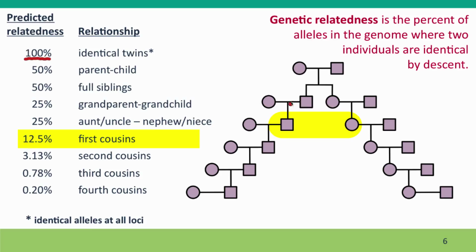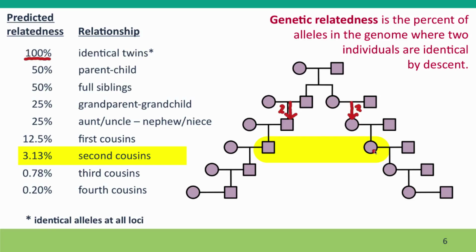Now you'll notice that each time we go down one generation on one side or the other of the tree, the relatedness drops by a factor of 2. So when we go from siblings to cousins, it drops by a factor of 4, a factor of 2 here, and a factor of 2 here. When we go down to second cousins, it'll drop by a further factor of 4.